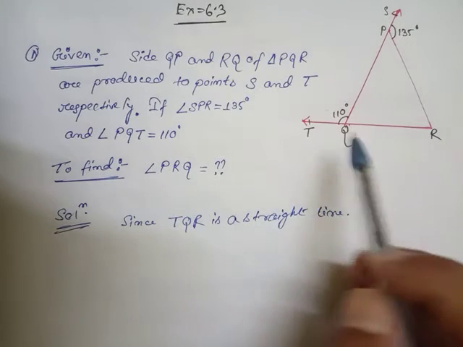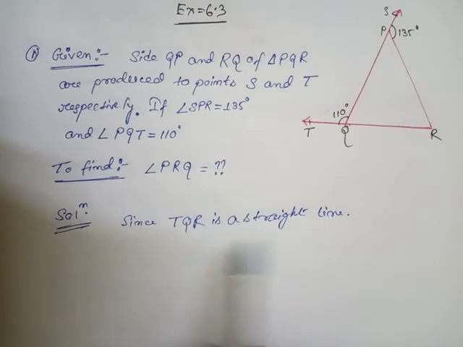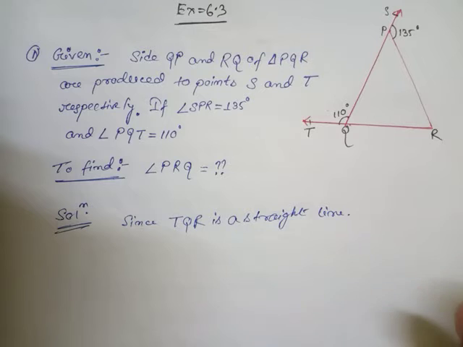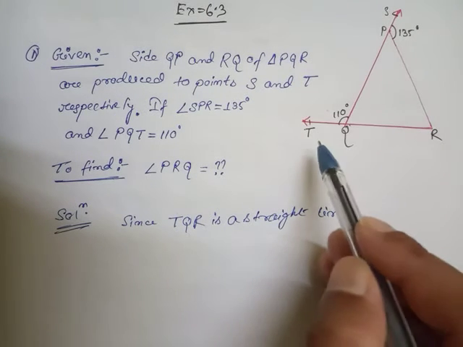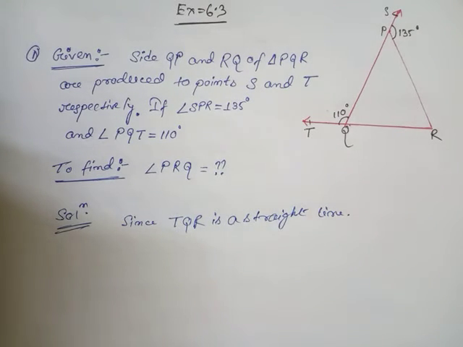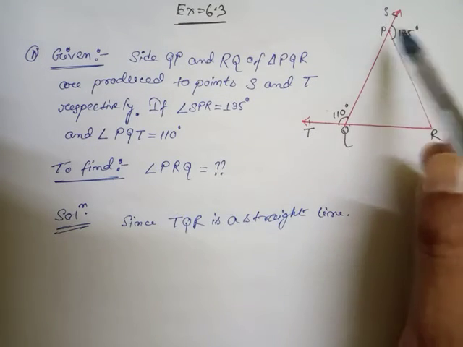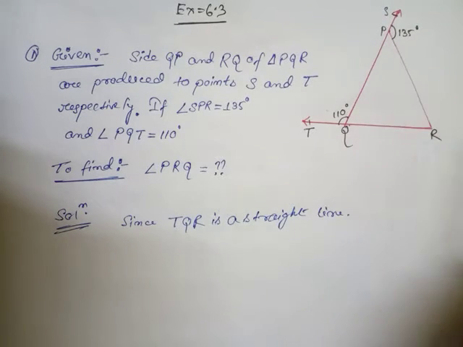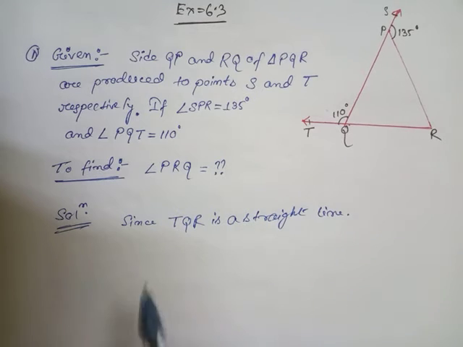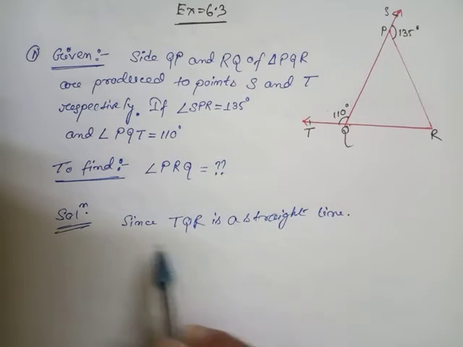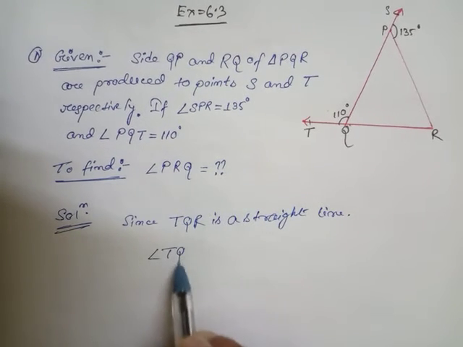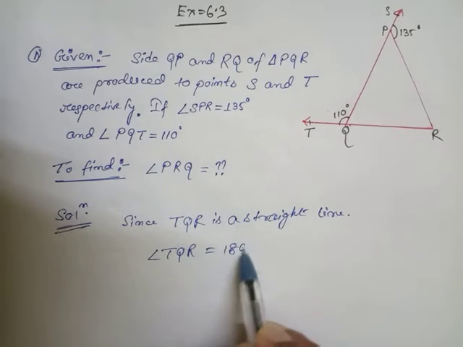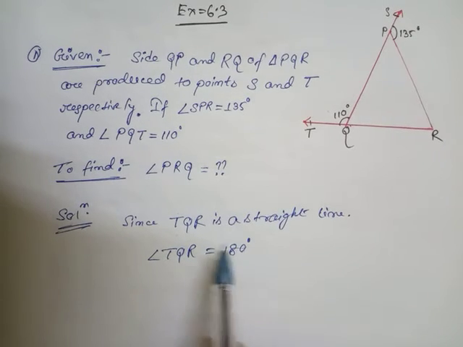The value of the straight line is 180 degrees. So angle TQR is equal to 180 degrees. Now look, there are two parts, TQP and PQR. So if it is a straight line, angle TQR equals 180 degrees. Why? Reason is straight line.